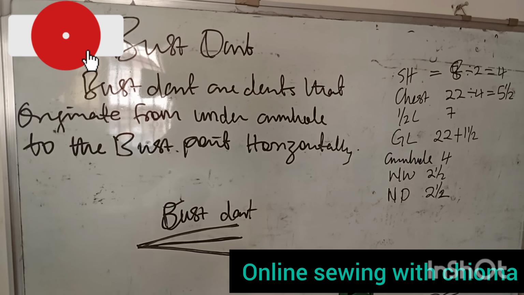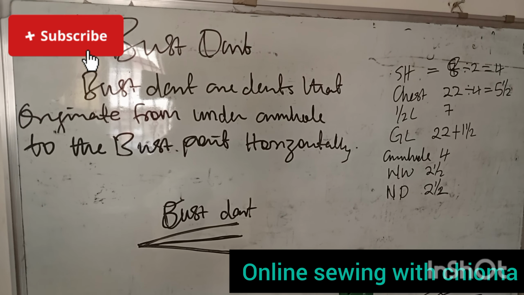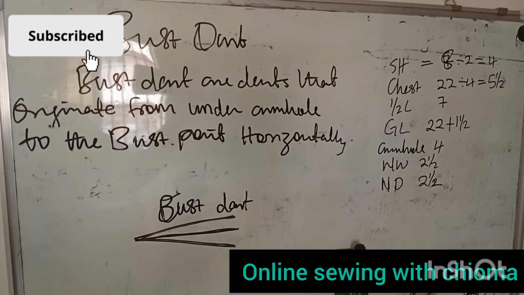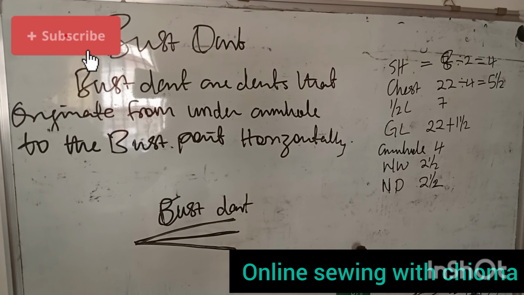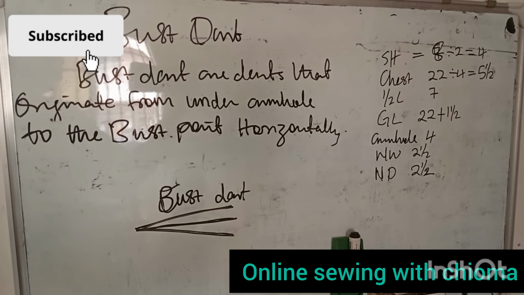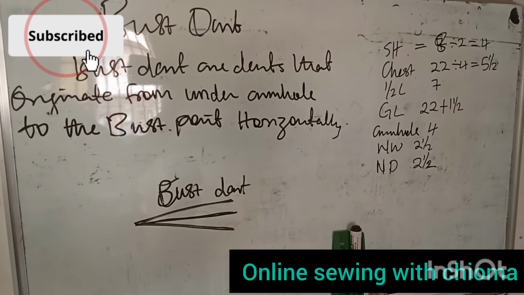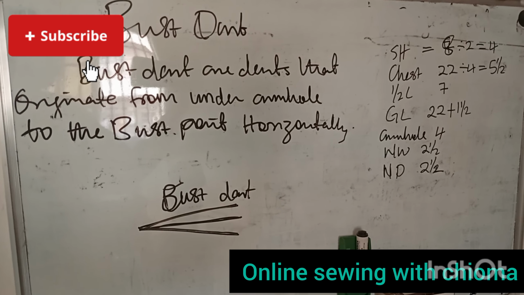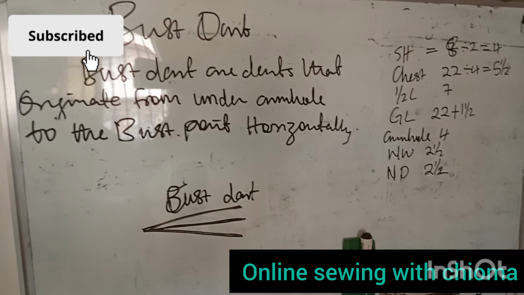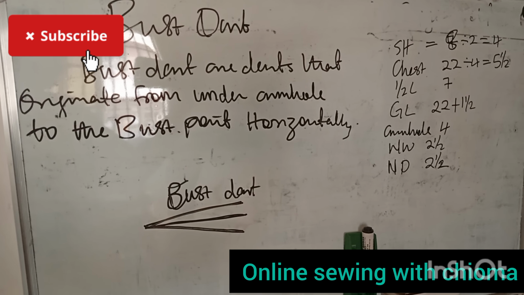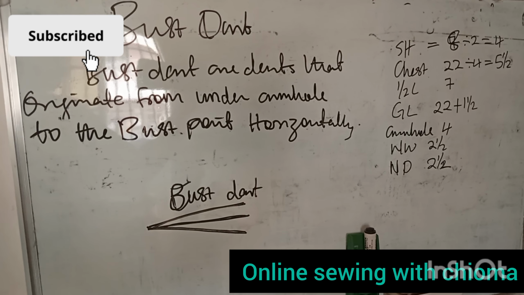You can see that is how it comes, in horizontal form. It is one of the darts that when you want to use them, you have to use horizontally. And it projects towards the bust point, and it starts below the armhole. You can see it as it's written on the board.